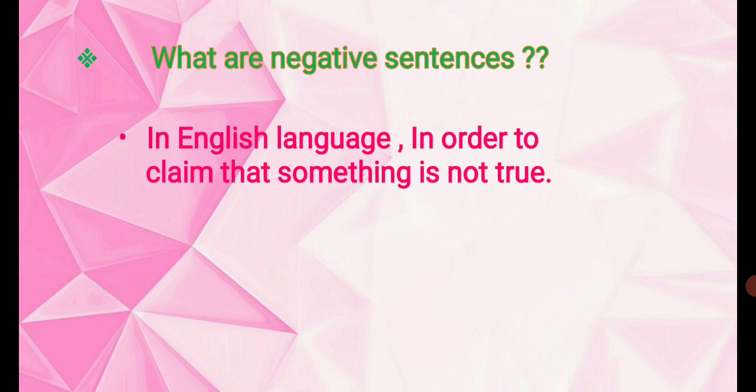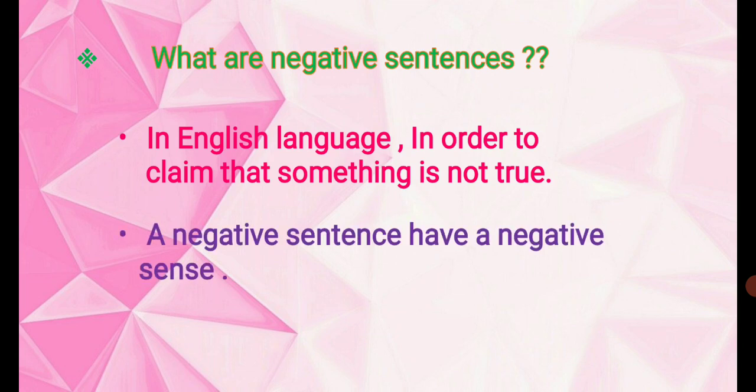In order to claim that something is not true, if you say, I have a good book, and I want to say it is not good, at that time I use no or not to show that your claim is not true, your claim is false. So it is called the negative sentence.